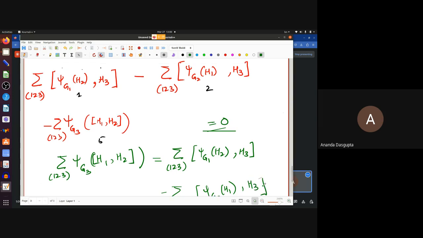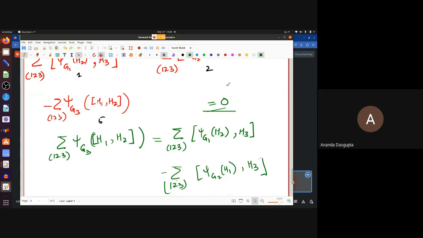Now, I want to make these two sums look as close to each other as possible. So what I will do is put psi G3 in front in both of them. Can you see how I can do that? How can I write this with psi G3 in front? Remember, this is not this term alone.